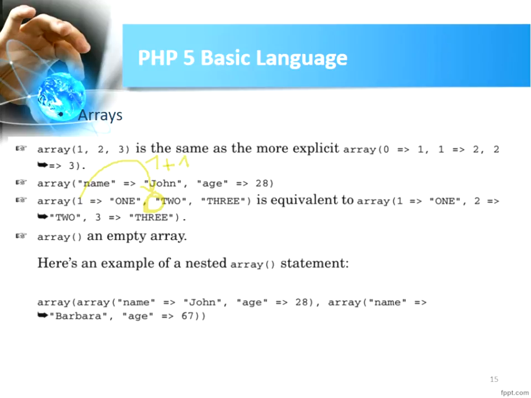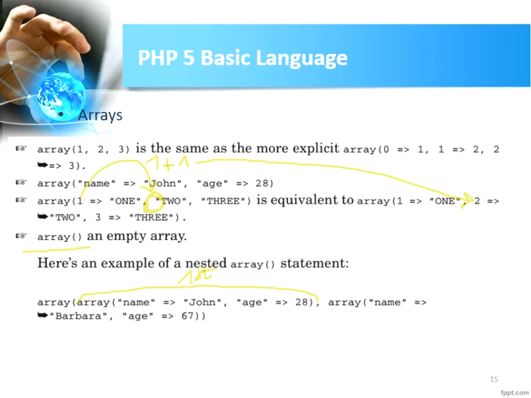That means if I don't specify the index, the index will be automatically the previous index 1 plus 1, equal 2. After that, array without any arguments is an empty array.